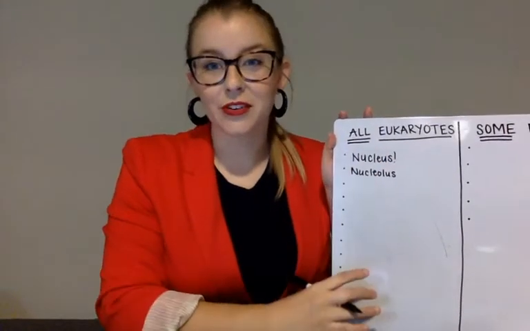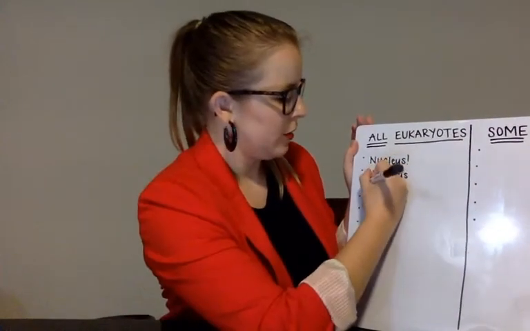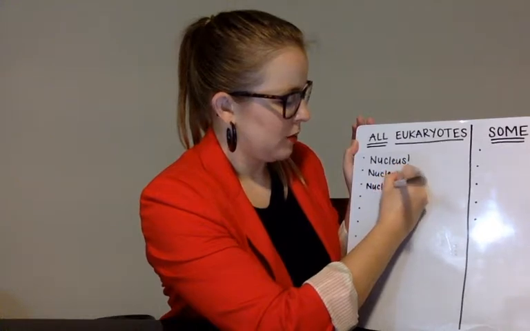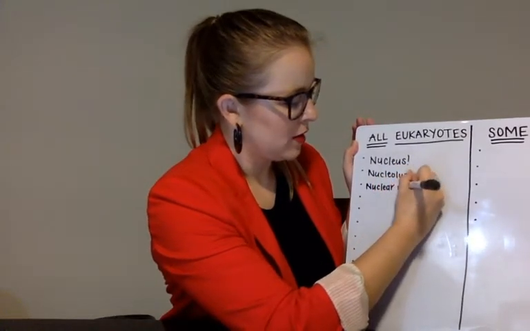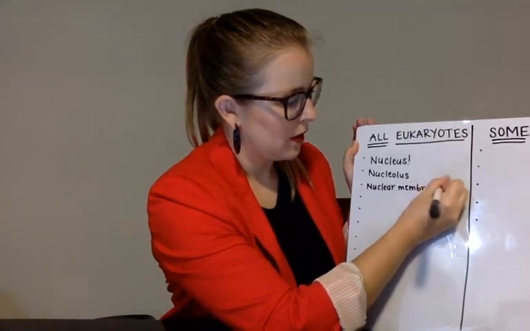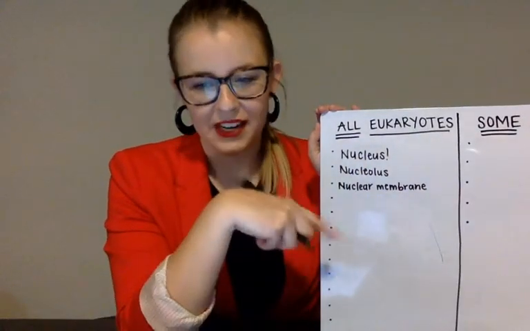And in that same general area, we're going to have a nuclear membrane. And that nuclear membrane will have pores. So that's going to be the membrane that surrounds the nucleus. Okay, so we're going to have all things to do with the nucleus right here.